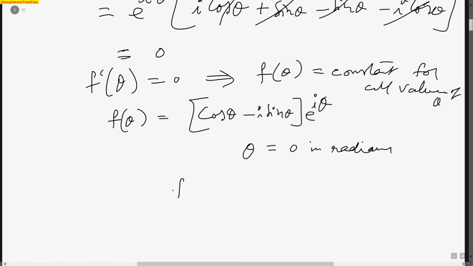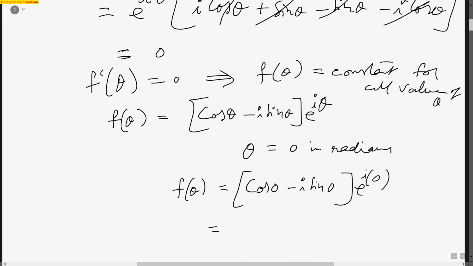Then f of theta is equal to cos 0 minus i sin 0 times e power i 0.